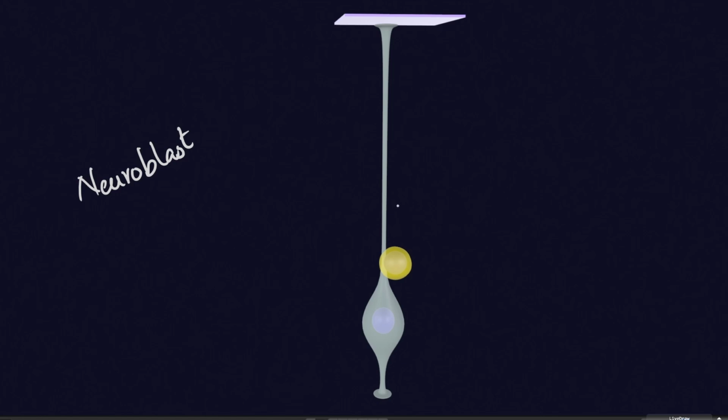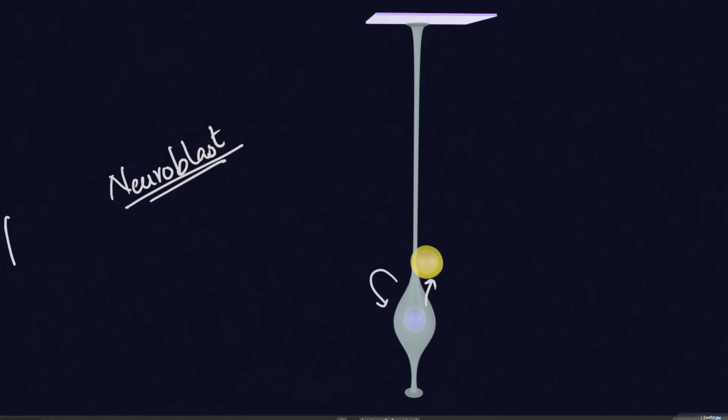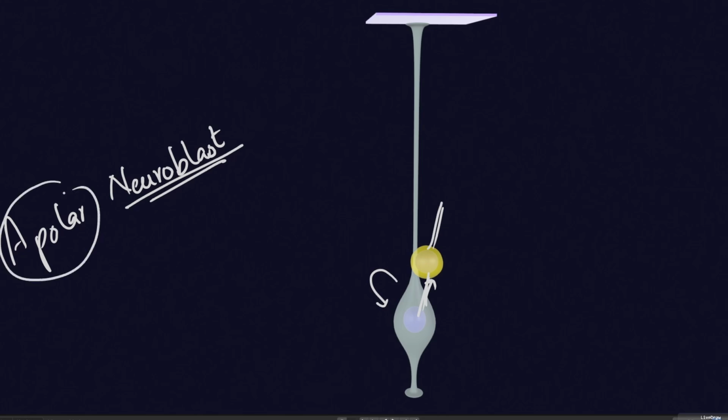So basically the radial glial cell, in this case the single cell, has undergone self-renewal, as well as formed a neuroblast cell, and it is apolar. At this time, it does not have the processes. Later we will see that processes develop. Right now it is an apolar neuroblast, right? So an apolar neuroblast has been formed.